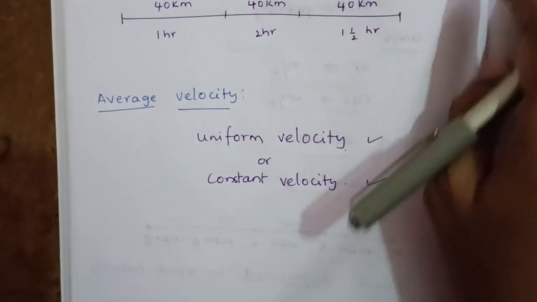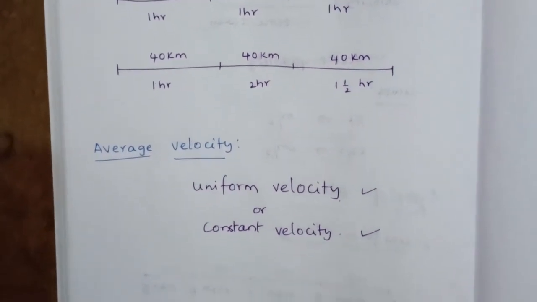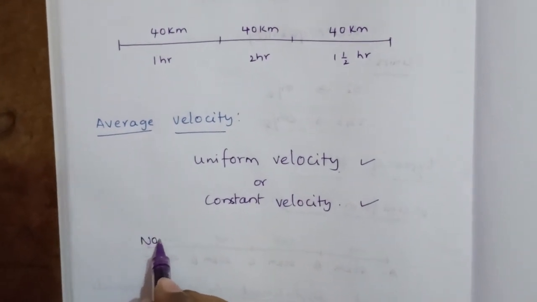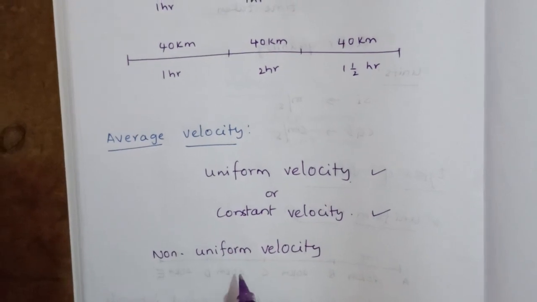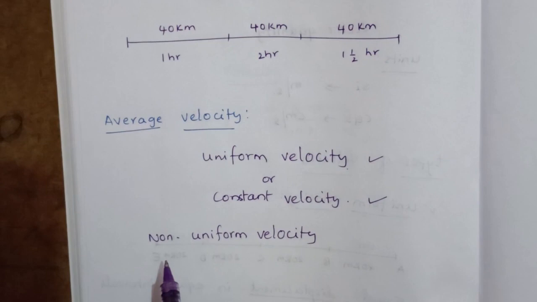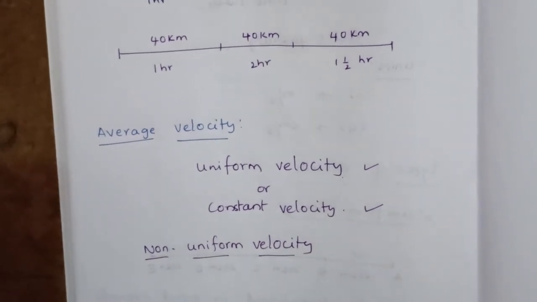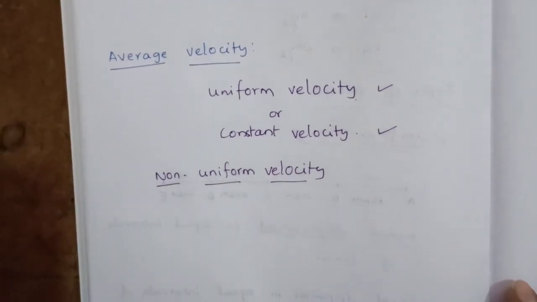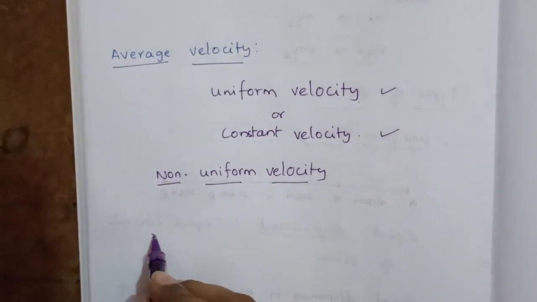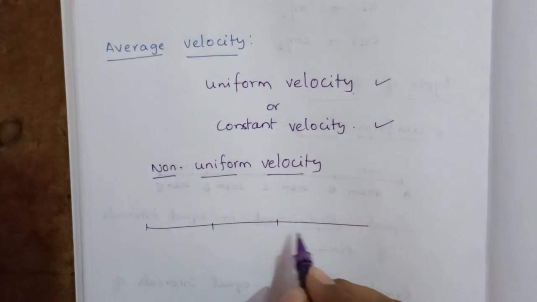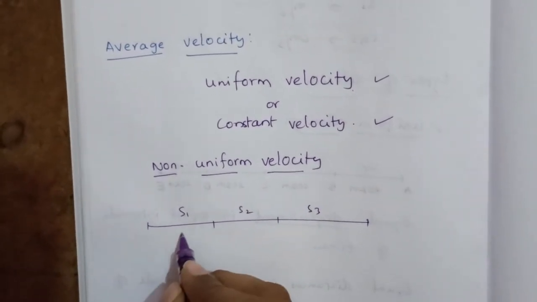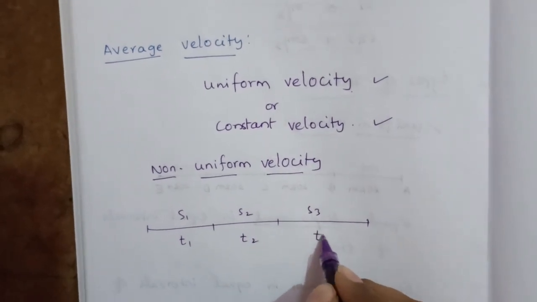But if the body travels with non-uniform velocity, which means continuously its velocity is changing, in this type of situation, to find average velocity, suppose the body traveled distances S1, S2, S3 in times T1, T2, T3.